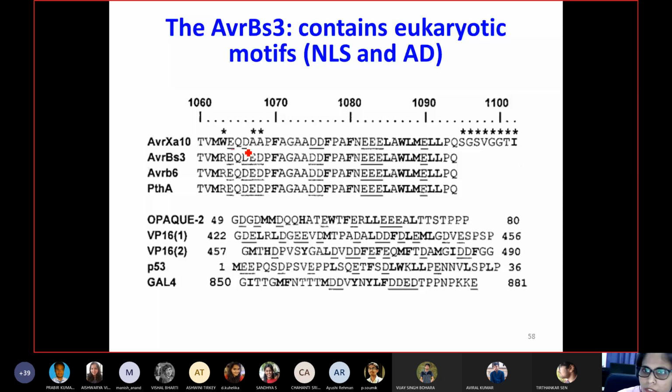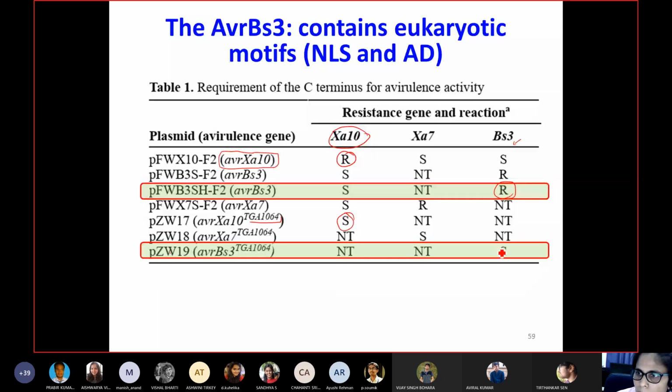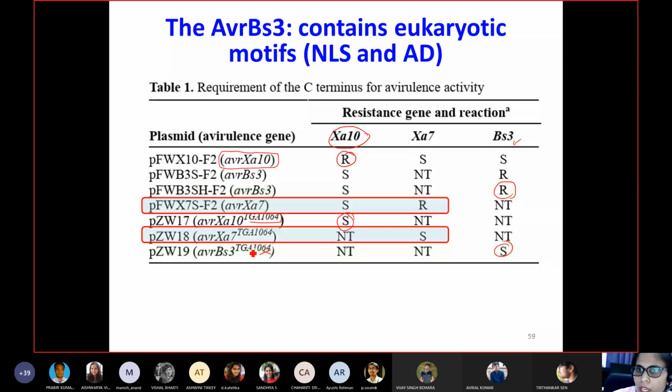Similarly, they did this kind of assay for BS3, which is resistant when the plant has the BS3R gene, and it becomes susceptible upon deleting the sequence. And similarly for XVR7, which is resistant when it has an effector and becomes susceptible upon this mutation.